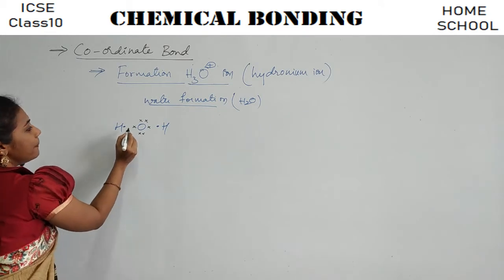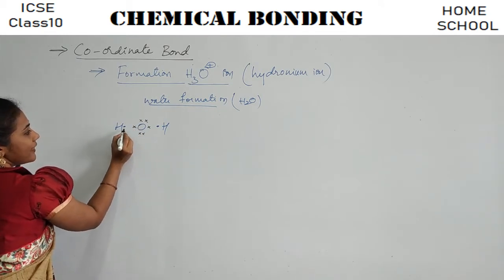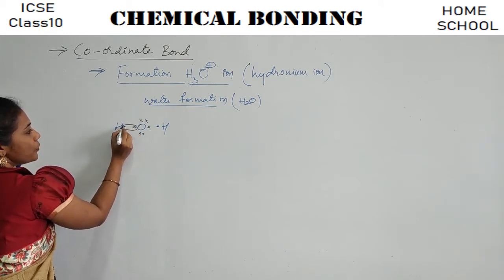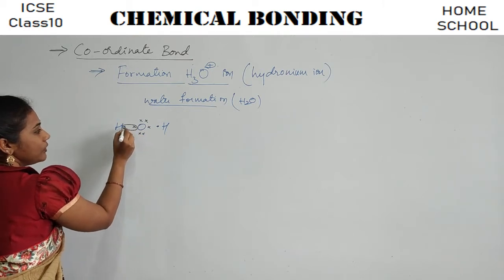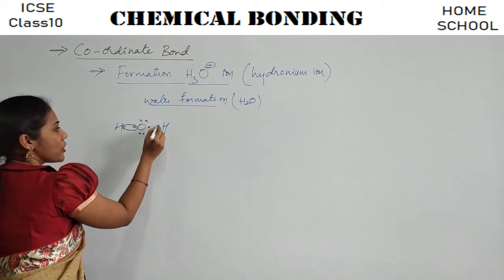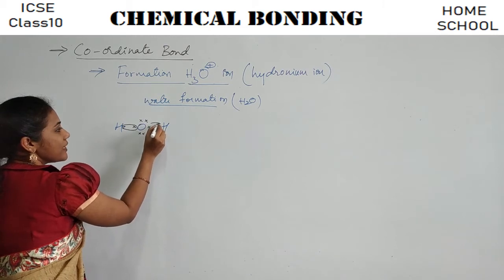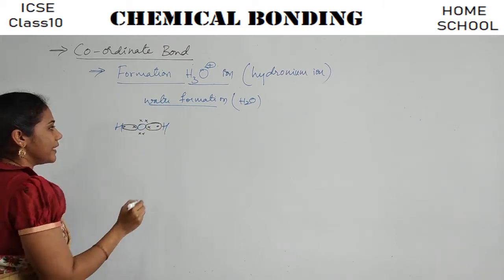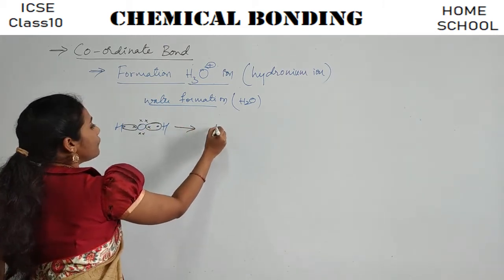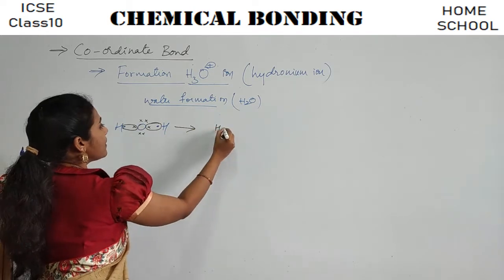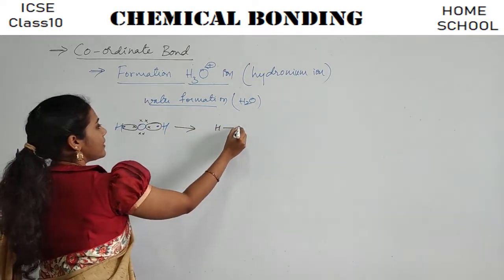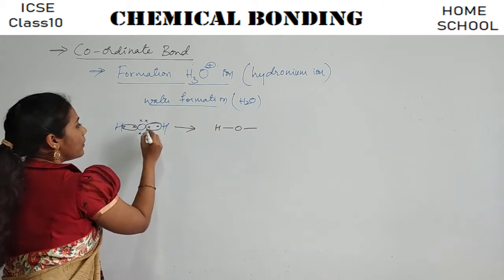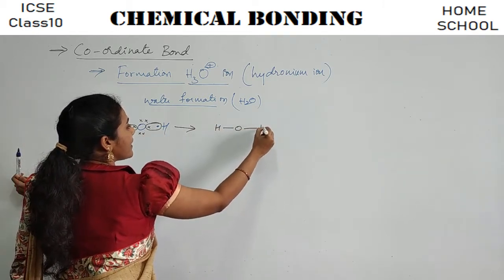Between this oxygen and this hydrogen, this pair of electrons is getting shared. Between this oxygen and this other hydrogen, this pair of electrons is getting shared. So you would get the formation of water: one single bond between this H and this oxygen, another single bond between this O and this hydrogen.